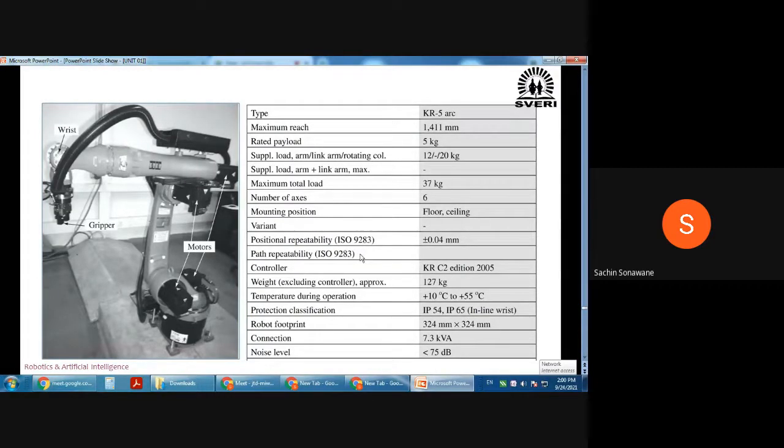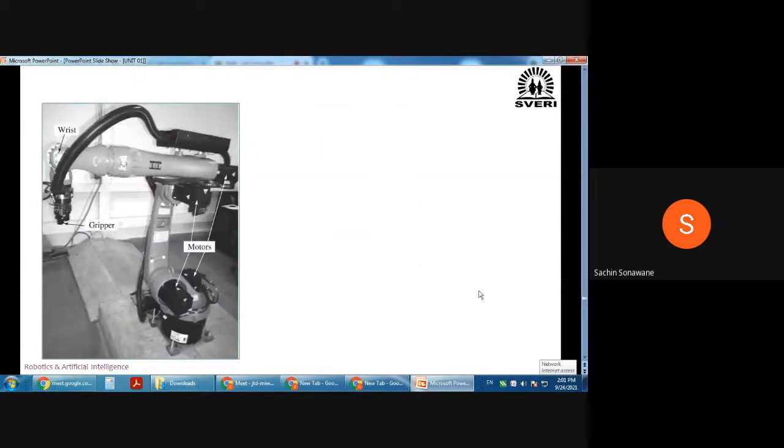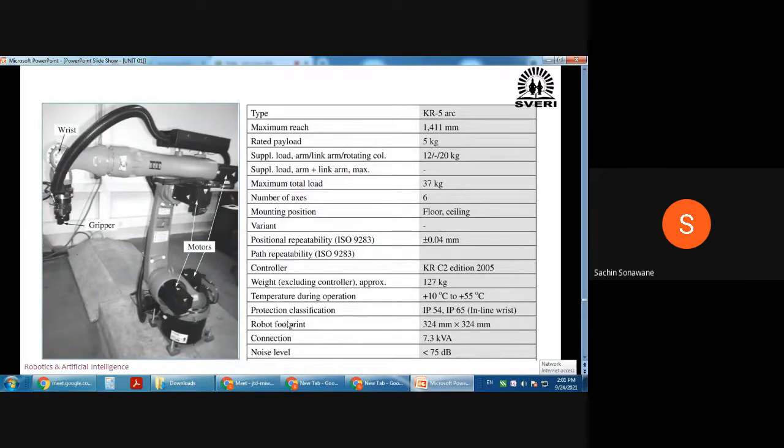Positional repeatability is plus minus 0.04 mm. Then controller KRC2 edition 2005, weight excluding controller approximately 127 kg. Temperature during operation plus 10 degrees Celsius to plus 55 degrees Celsius. Protection classification, IP54, IP65 inline wrist.